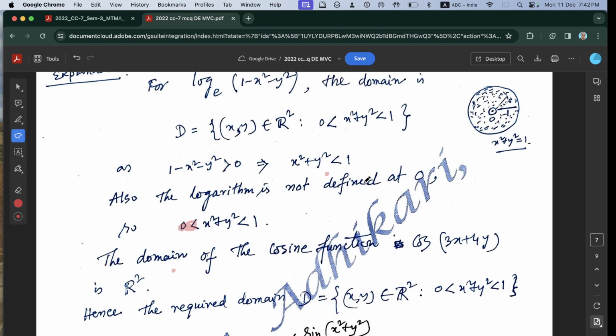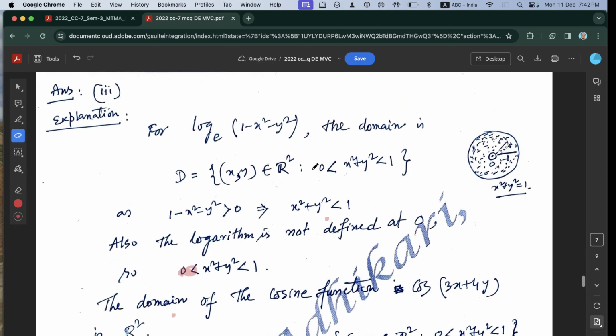Logarithm is not defined at 0, but here if we put x square plus y square equal to 0, then log 1 is 0.